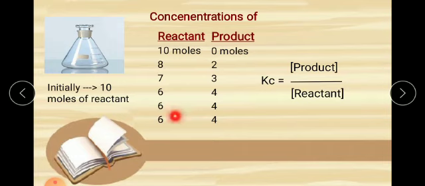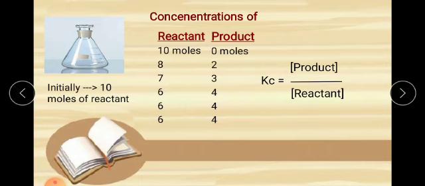Reactant concentration gradually decreases and product concentration gradually increases. In the third observation, we find the concentration of product is 3 moles. In the fourth observation, we find the concentration of product is 4 moles and reactant is 6 moles. In the fifth observation, product is 4 and reactant is 6. And in the last observation also we find the concentration of product is 4 moles.